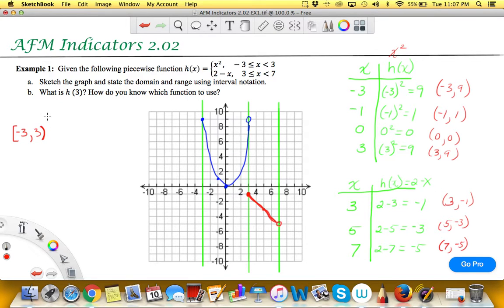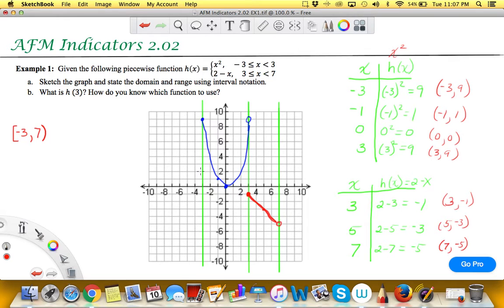Okay, and actually this domain continues on technically all the way up to +7. So let's go back a little bit. All right, so the x values go from -3 all the way to +7, but 7 is not inclusive.